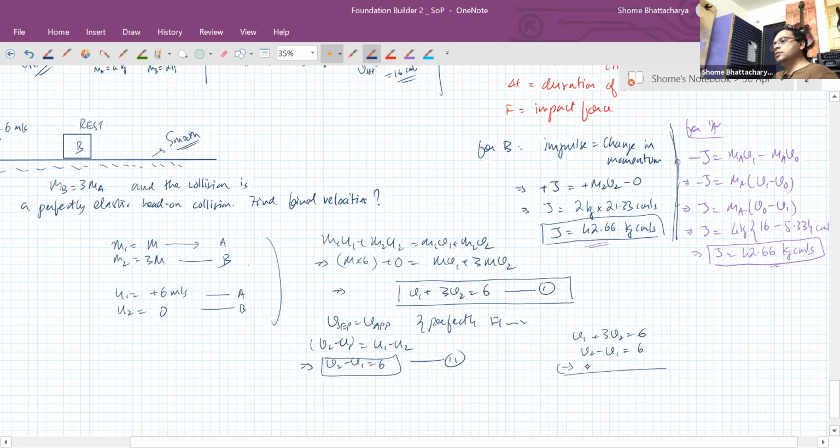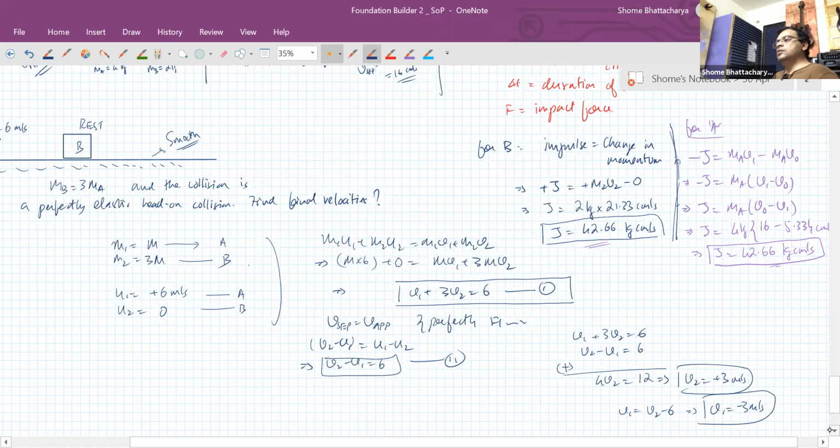If we add the two equations, it's easier. So you'll get 4V2 is equal to 12. So that means our V2 is equal to plus 3. And not very surprisingly, we'll see that V1 will come out to be negative. So V1 is equal to V2 minus 6. So we'll get V1 as in fact minus 3 meters per second.